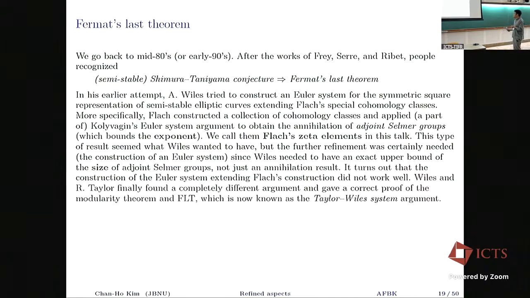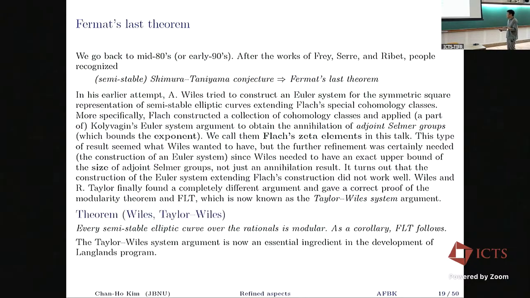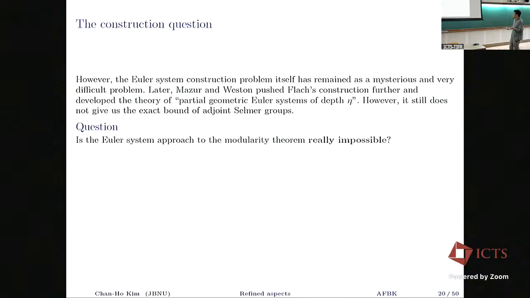It turns out that the construction of the Euler system did not work well, but they found a new method, the so-called Taylor-Wiles system. Everyone knows it now. So they proved Fermat's last theorem, and the Taylor-Wiles system argument itself became an essential ingredient in the development of the Langlands program. But the question still remains.